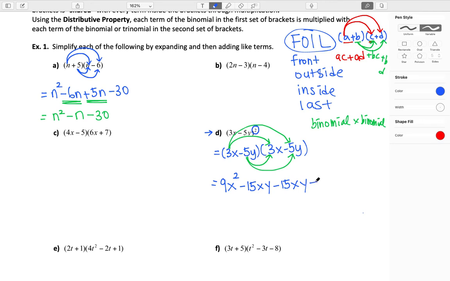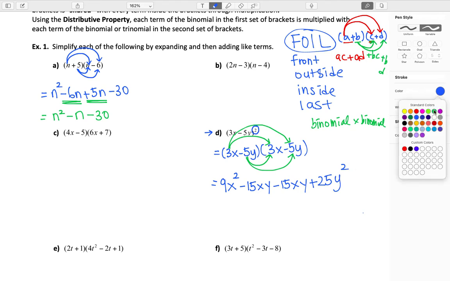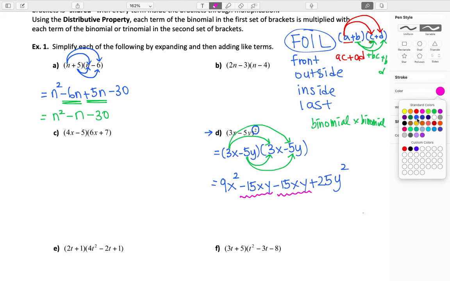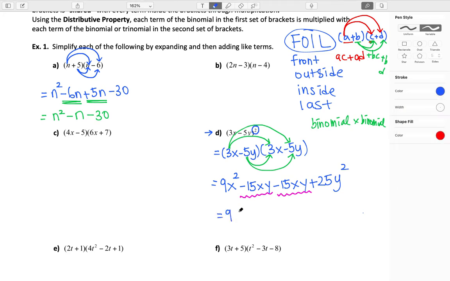So negative becomes positive 25y squared. Okay. And as you can see, we do have like terms, negative 15xy and negative 15xy. So we can definitely put them together. So 9x squared, negative becomes more negative because you're subtracting, negative 30xy plus 25y squared. And that is your final answer.